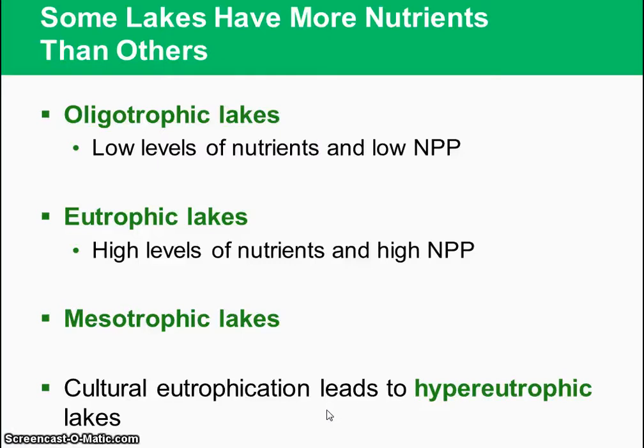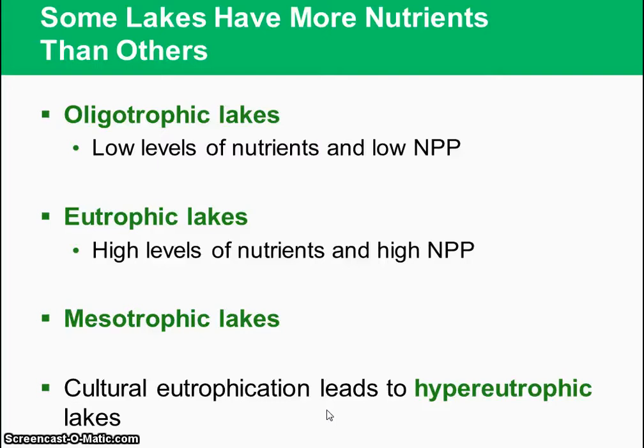Eutrophic lakes, hopefully you remember that eu from back in biology. We talked about eubacteria were the true bacteria. These are truly nourished lakes or well-nourished lakes. Lots of nutrients in them, lots of NPP, so lots of photosynthesis. That means the food chain is going to be very supported and everybody is going to be happy biodiversity-wise.